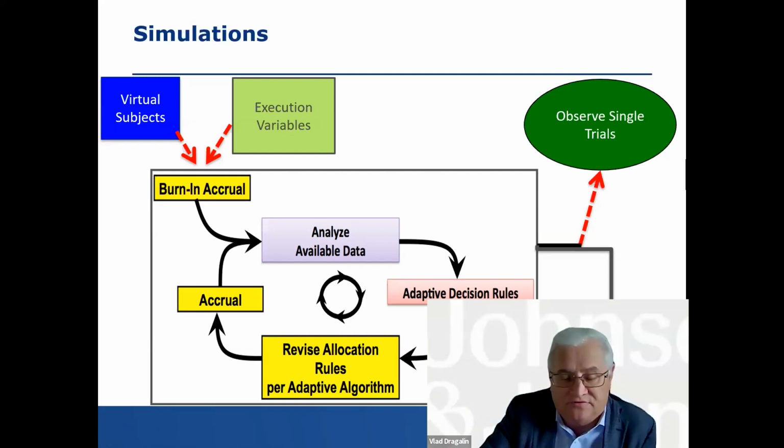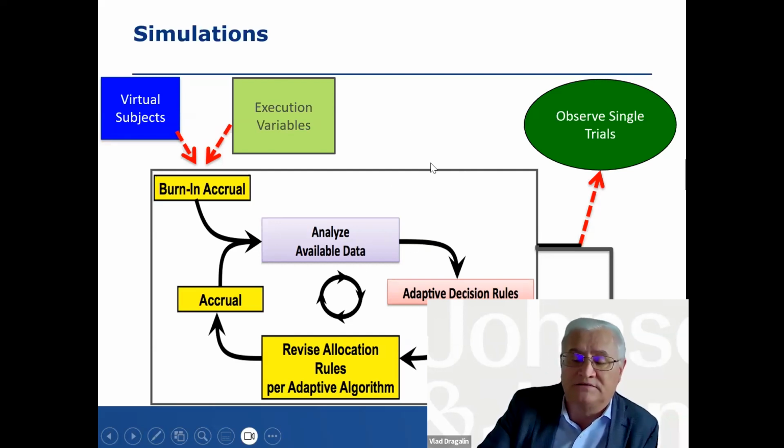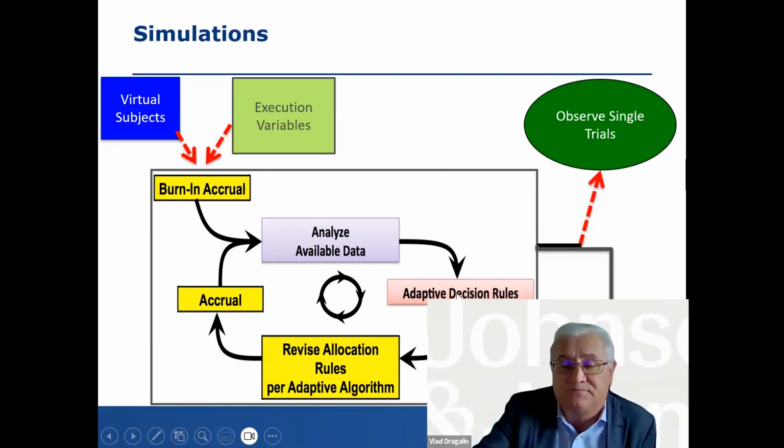Now, but that's not the end of it, because in order to evaluate how good that design is, you need to repeat this process many, many times. Sometimes 10,000 times, sometimes 100,000 times, or even a million. And now averaging the performance of the design at each of these repetitions can give us operating characteristics of the design.